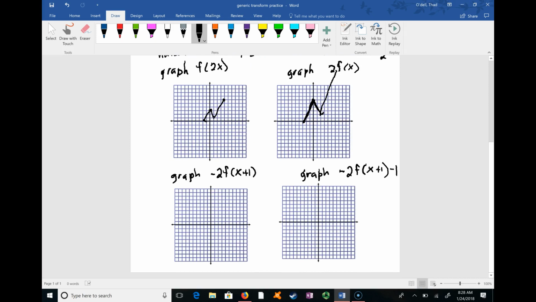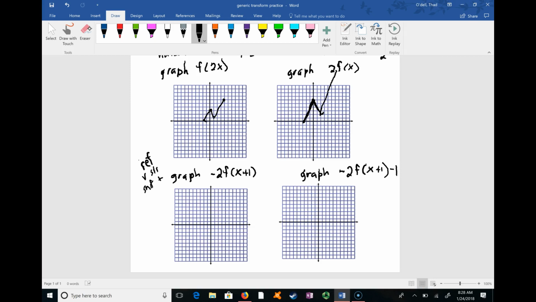Now, when we get down here, we're going to do the same thing, but I'm going to be a little bit more detailed because now we've got a lot of stuff going on. We have a reflection. We have a vertical stretch. And we have a shift left.